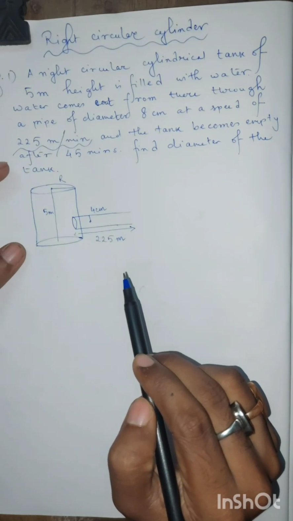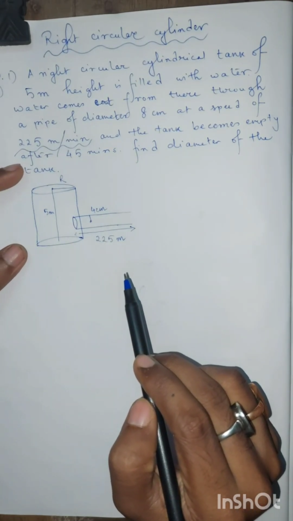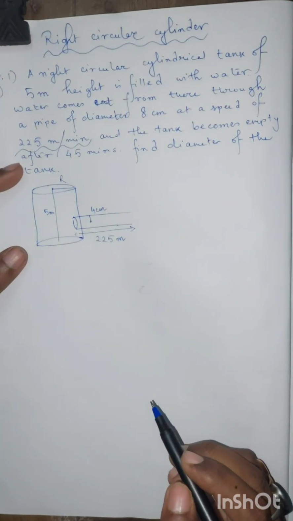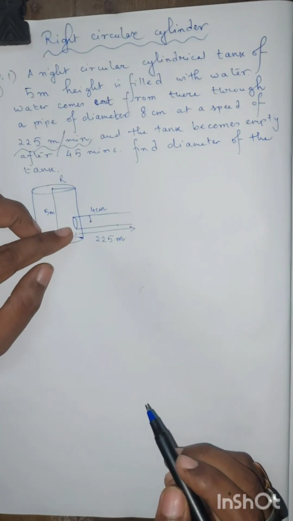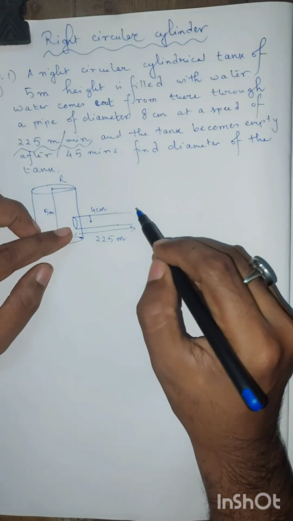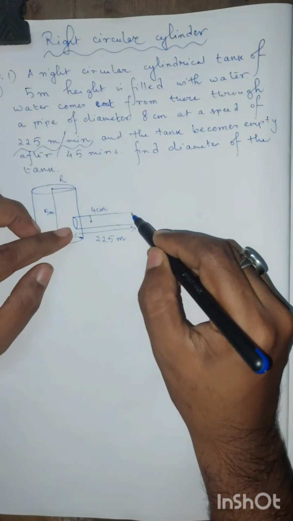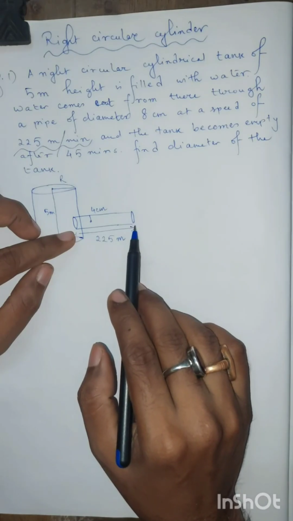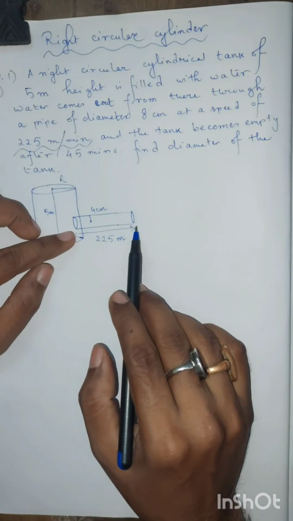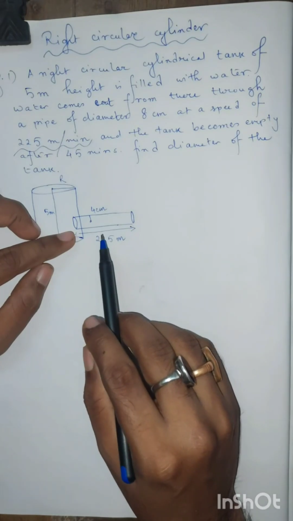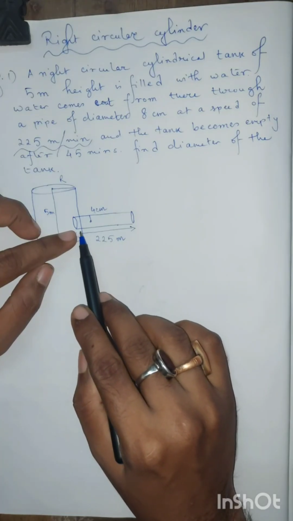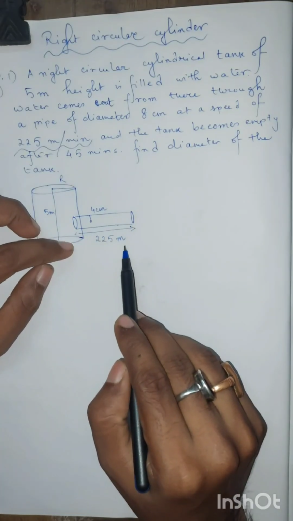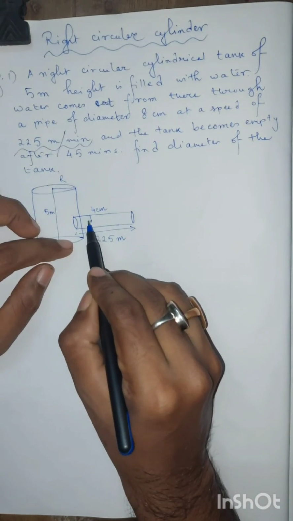So now the tank becomes empty after 45 minutes. Therefore, let us assume that this water column formed in 1 minute has a length of 225 meter and the radius is 4 centimeter.